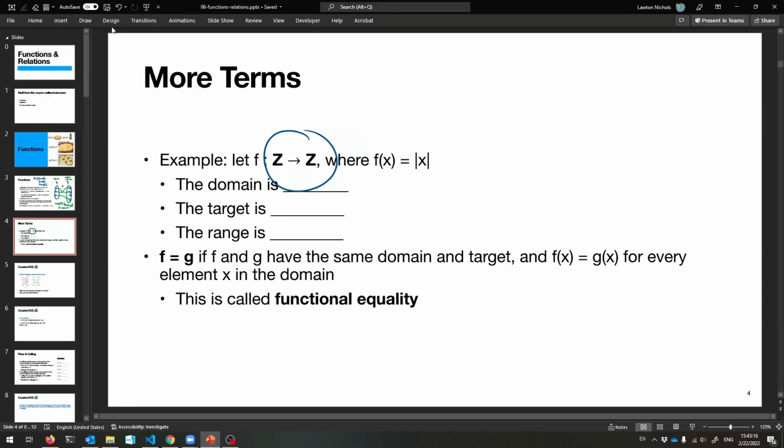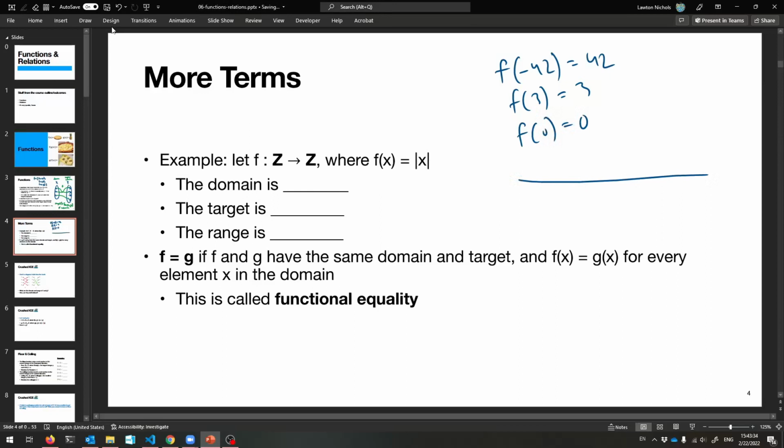So for example, f of negative 42 is being taken to positive 42. F of positive 3 is staying right there at positive 3. F of 0, the absolute value of 0, is still 0. So it's doing that. If you look at it on the number line, let's see what's going on. You have 0.